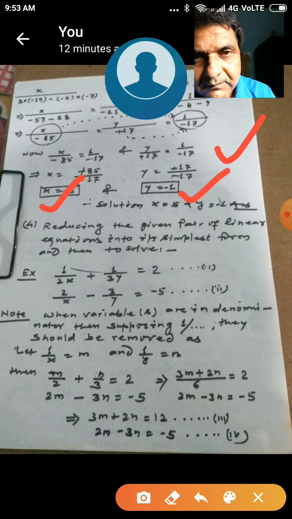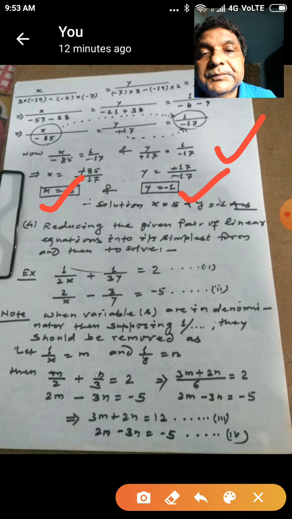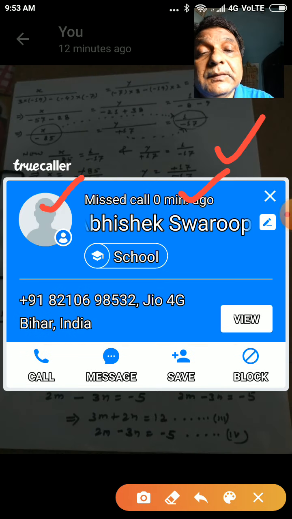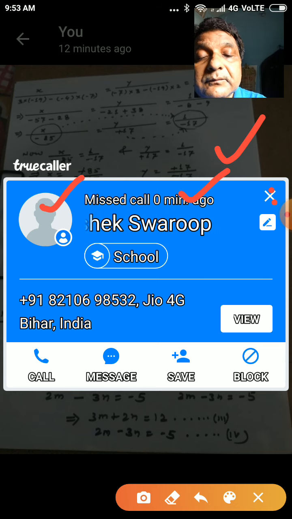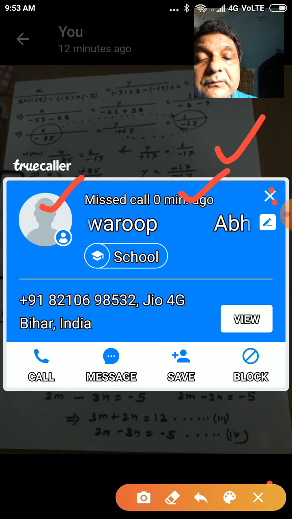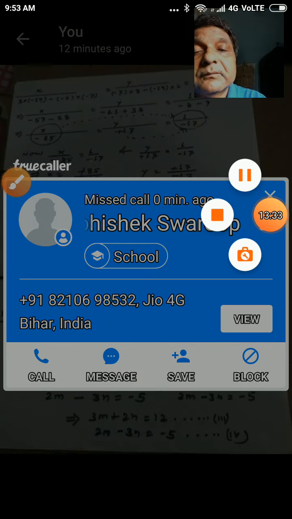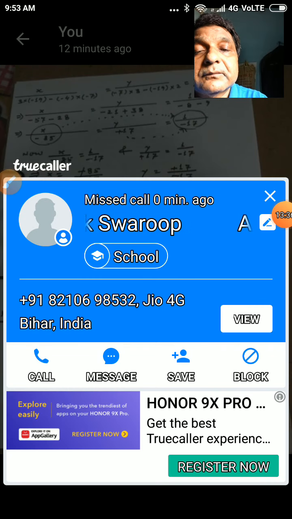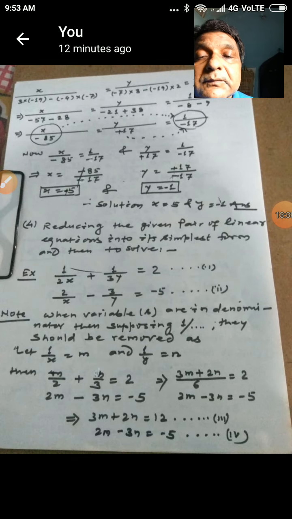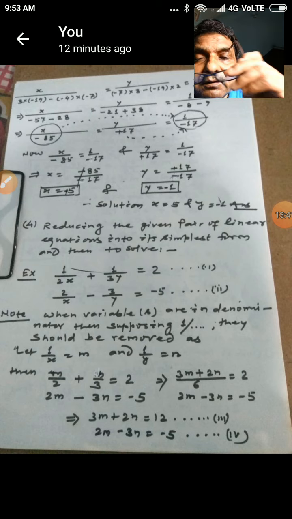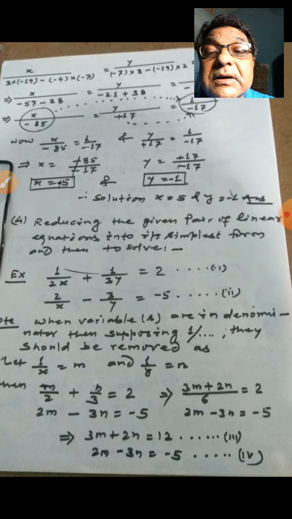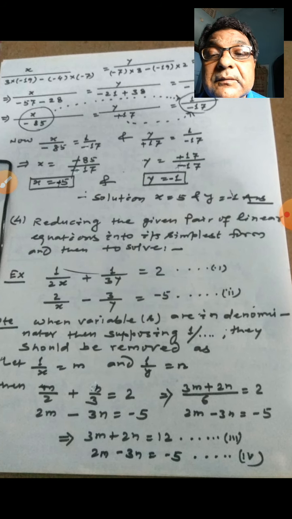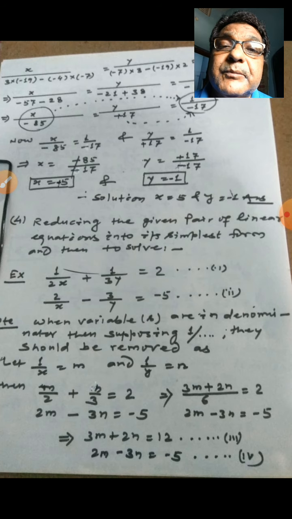Another one which we are going to note is one method which is called to reduce the given pair of equations into simplest form and then to solve the pair of equations.